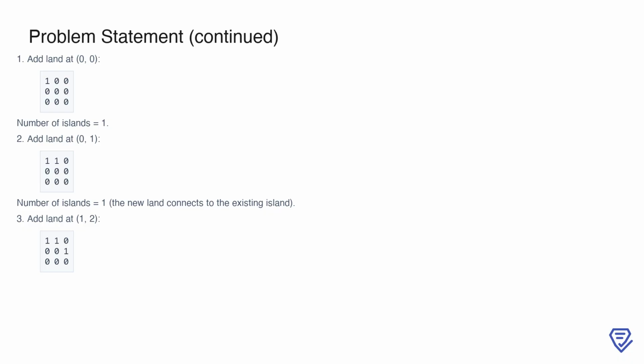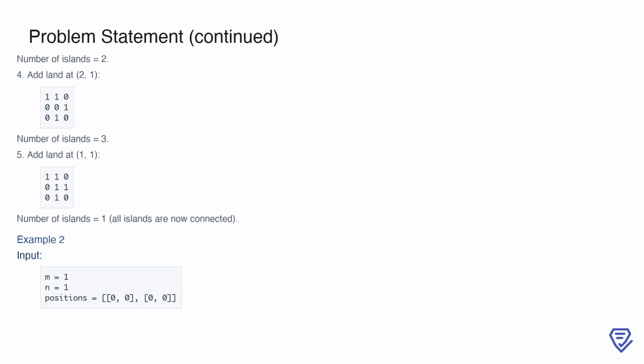This new land connects horizontally to the existing land at 0, 0, so it becomes part of the same island. The grid now has a horizontal strip of land in the top row, but the total number of islands remains 1. Then, we add land at position 1, 2. Since this piece of land is isolated and not connected to any other land, it creates a new island. The total number of islands increases to 2.